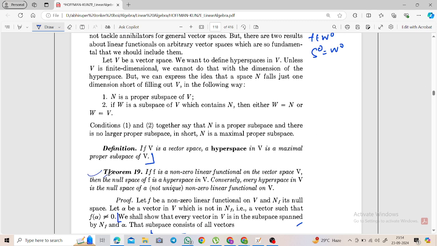This theorem. Okay, W is a hyperspace, right?